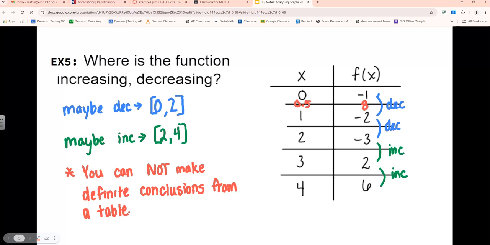All right, meaning that you can't know for sure. So if the question is worded something like, this table supports that the function is increasing, maybe you could have that. But with tables we can't know for sure because we don't know what's happening in between these numbers, right? So there might be numbers left out that we don't know about. So that's mostly just there to let you know that that's the case.